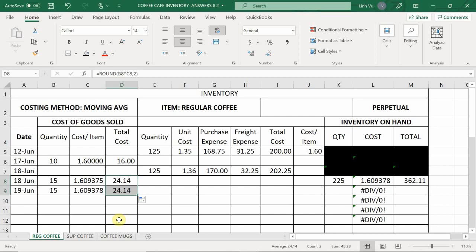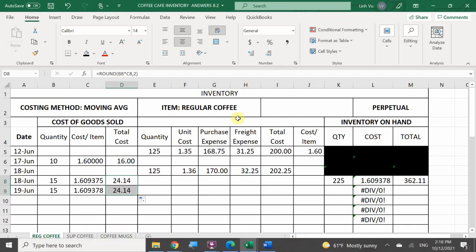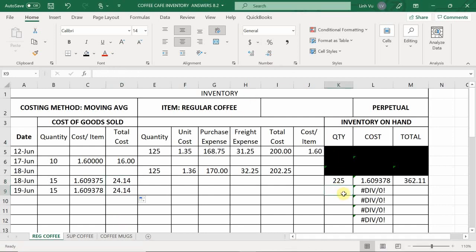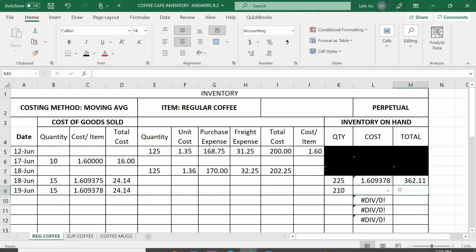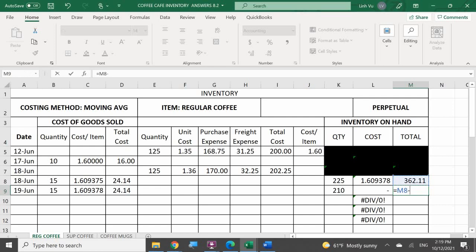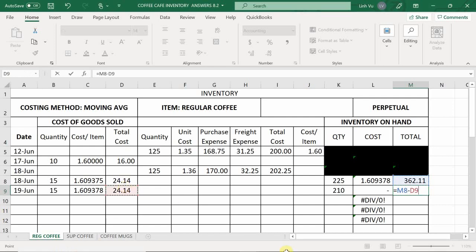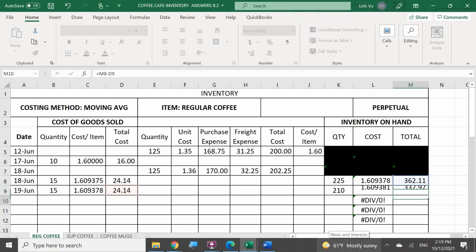sell 15 pounds. 225 minus 15 pounds, so we have 210. 210. 11 minus 24.14, so we have a 337.97.